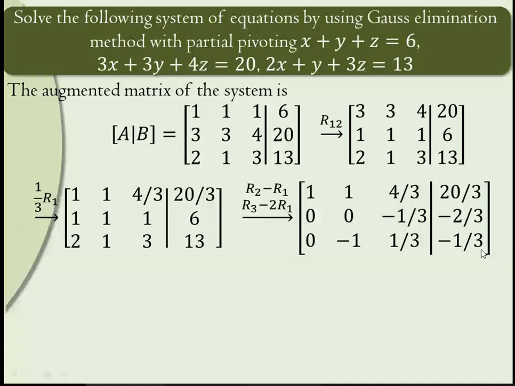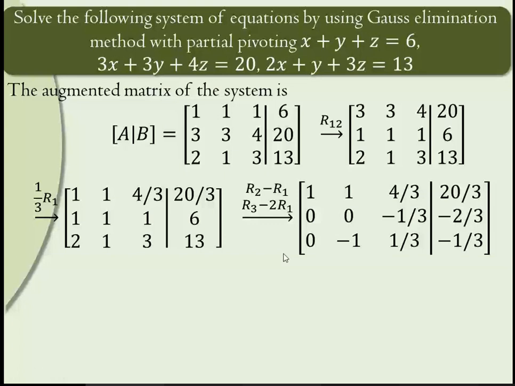Okay. Now, after getting 0 below it, remove that, means don't consider first row and first column. In the second column, check which has the largest value. Okay, numerically largest value, that is the absolute value. Absolute value means modulus, means just consider the positive term.